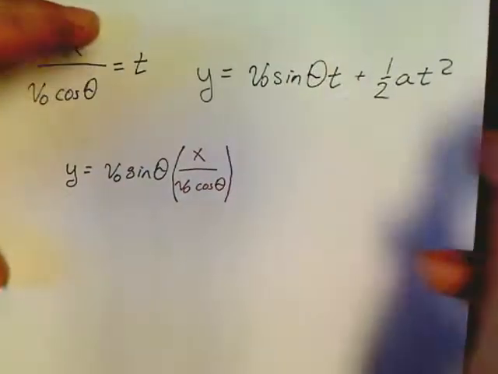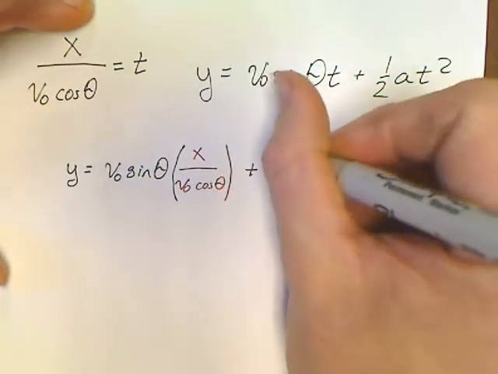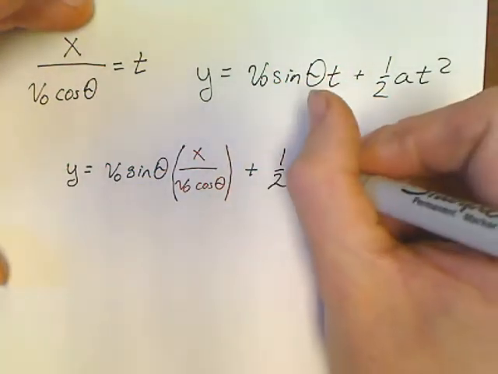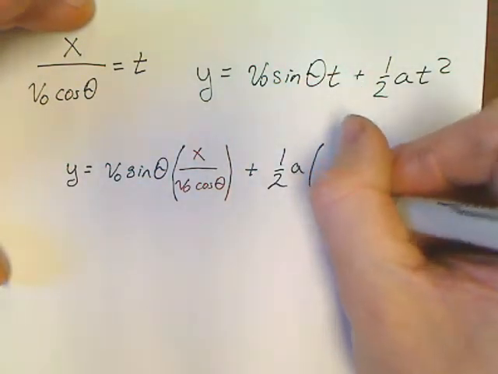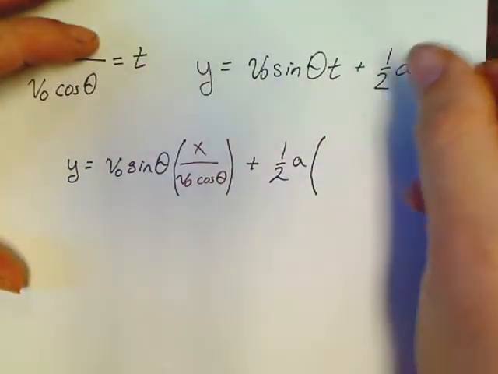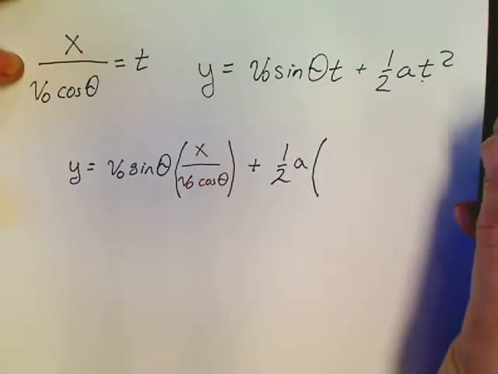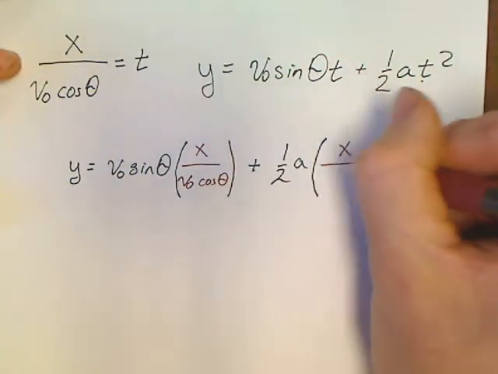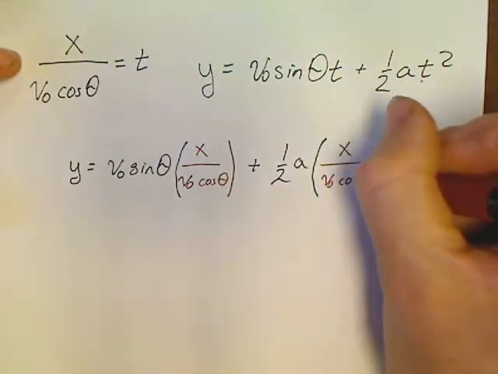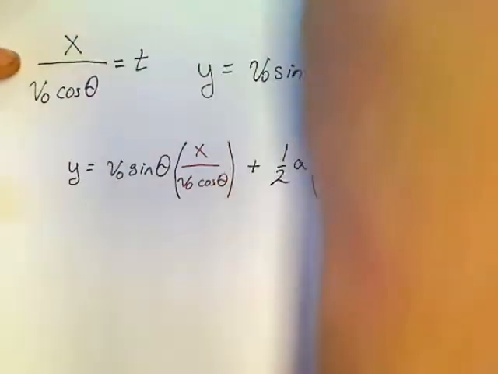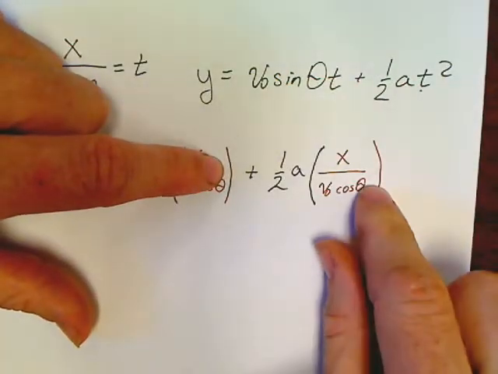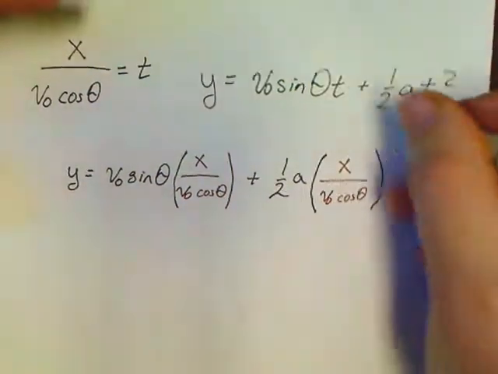Now, plus 1/2 a, check this. For that t, I've got to plug it in again. x over V0 cosine theta. I don't know why I did these parentheses in red and the others. I don't know. Square.